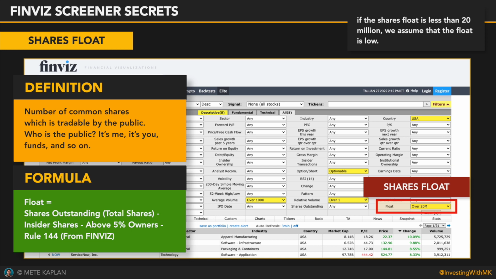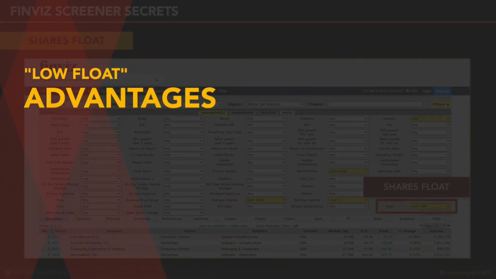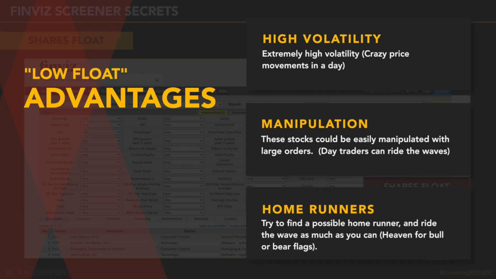Now, depending on your trading or investing style, you have to determine if you need a low or high float, because both of them serve different purposes. Low floats are better for you if you are day trading penny stocks or small caps. Why? Because the volatility is high for these stocks. Price movements are crazy in these stocks.